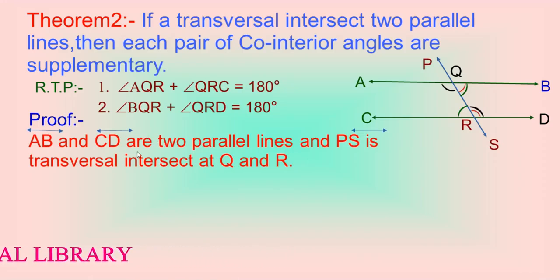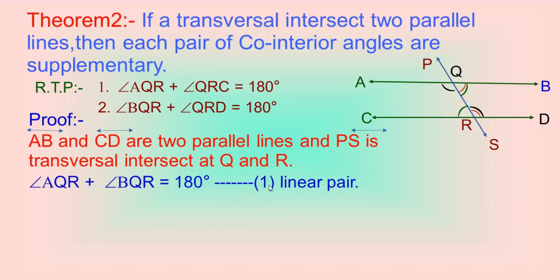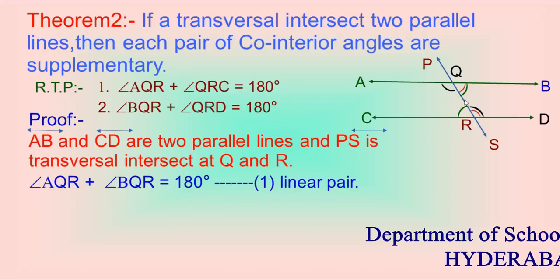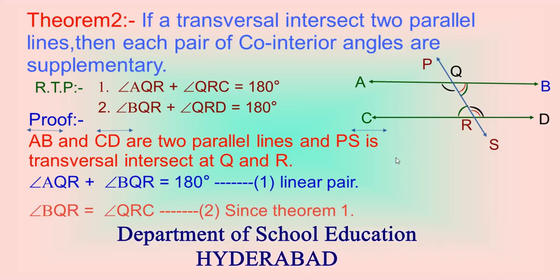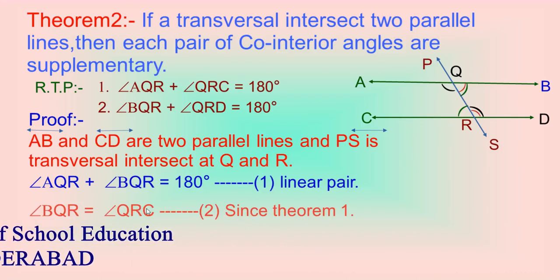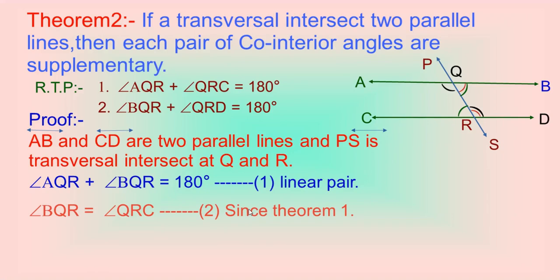AB and CD are two parallel lines and PS is a transversal intersecting at Q and R. Angle AQR and BQR sum to 180 degrees, that is equation 1, because these two are a linear pair. And BQR is equal to QRC, since by theorem 1 alternate interior angles are equal.